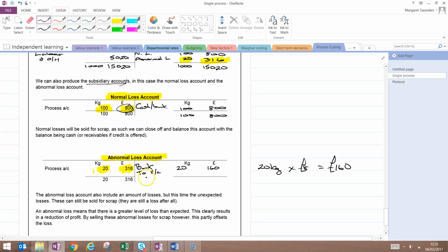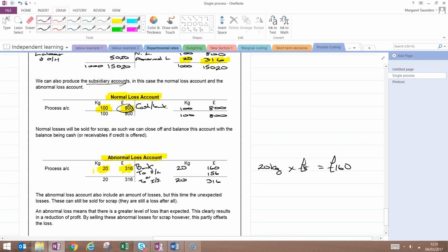So I write to P&L or to income statement, whichever one you prefer. The balance is 156. So now that's our abnormal loss account completed. So that's the whole single process example complete.